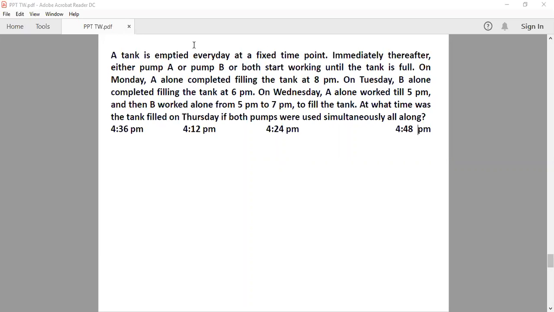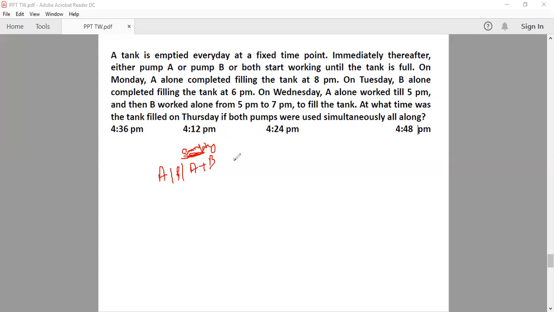बड़े ध्यान से सुनना प्लीज. हमें दिया हुआ है a tank is emptied at a fixed point. Okay, let's every day उसे किसी टाइम पे empty कर दिया जाता है. After that, either A works or B works or A plus B both work, right?